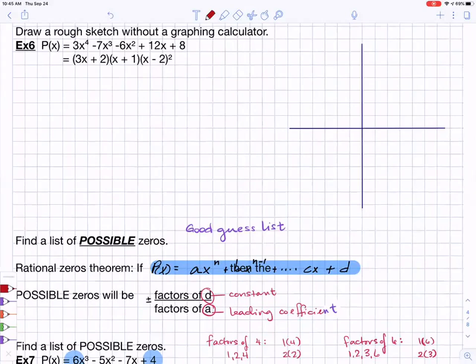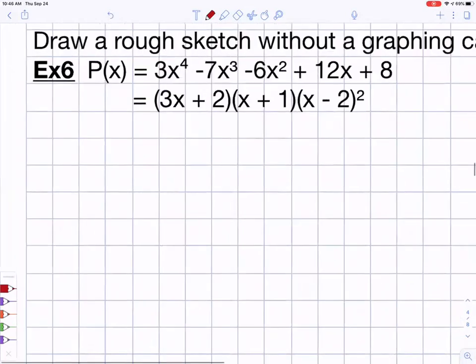All right, draw a sketch without a calculator. Oh, good. Well, I think we know enough information now that that's not too hard. Can we make a list of our zeros? And see, they were nice to us. They gave us the factored form. So what are our zeros? X equals negative 2/3. Good.